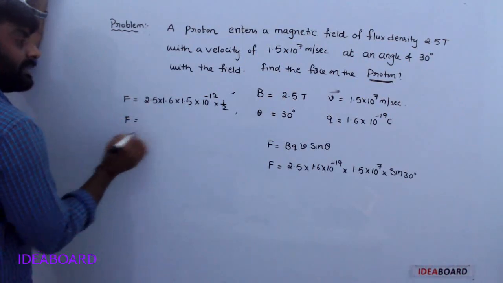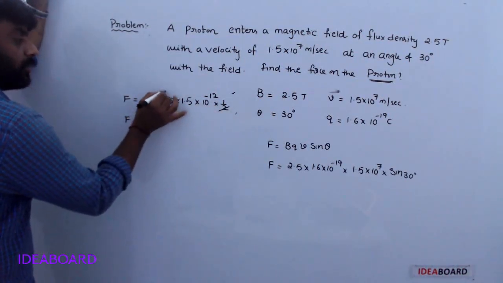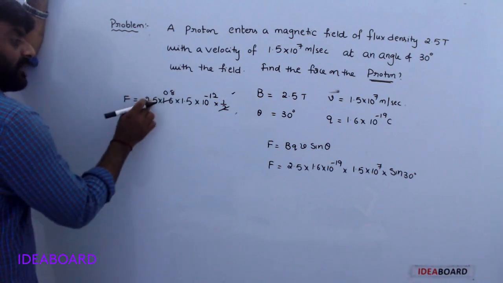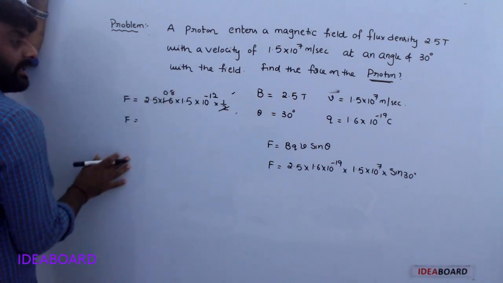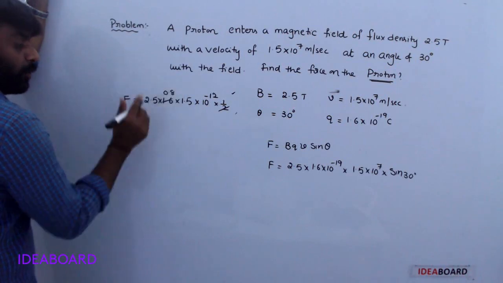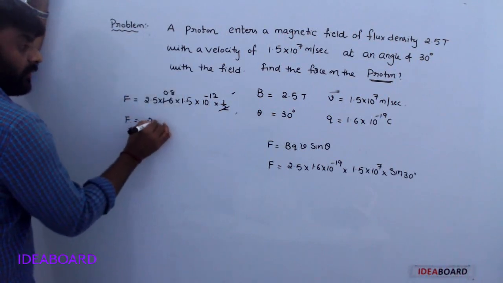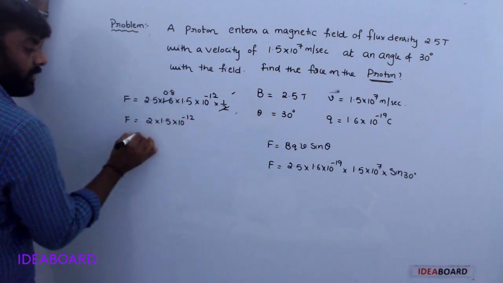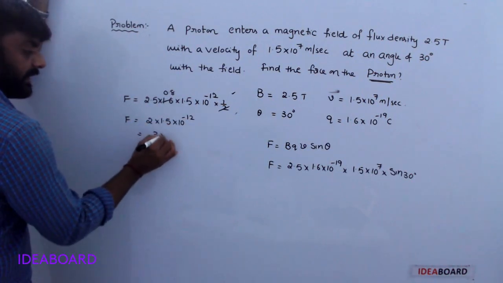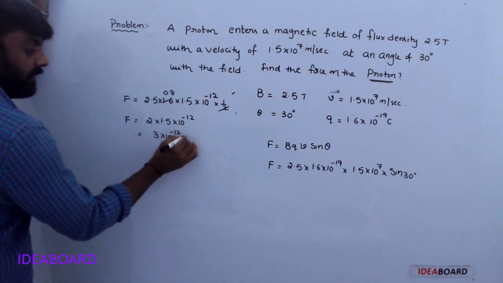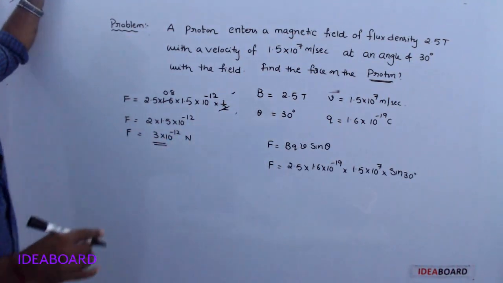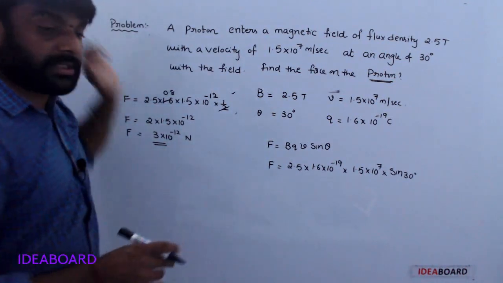F is equal to 2.5 into 0.8, which is 2. 2 into 1.5 into 10 to the power of minus 12. 2 into 1.5 is 3. 3 into 10 to the power of minus 12 newtons. Force is equal to 3 into 10 to the power of minus 12 newtons.